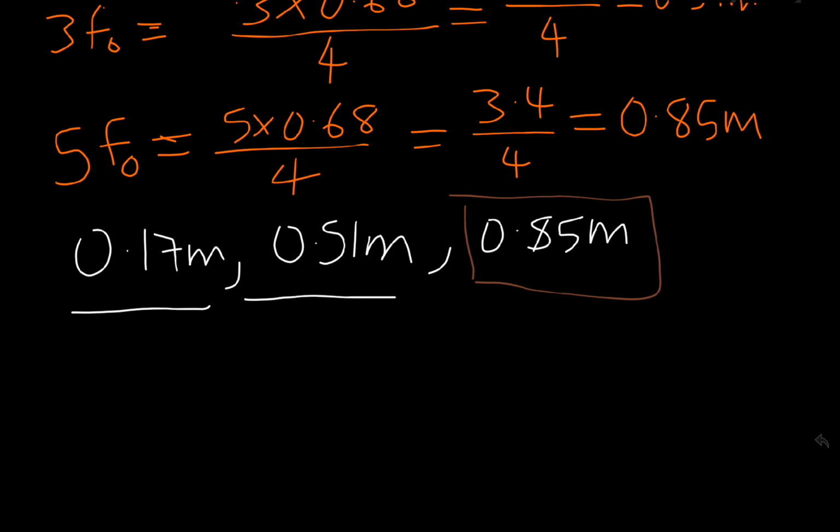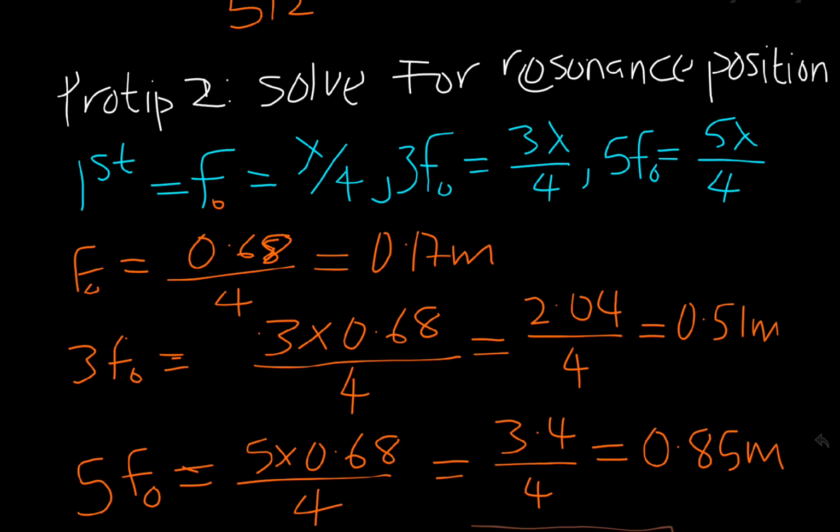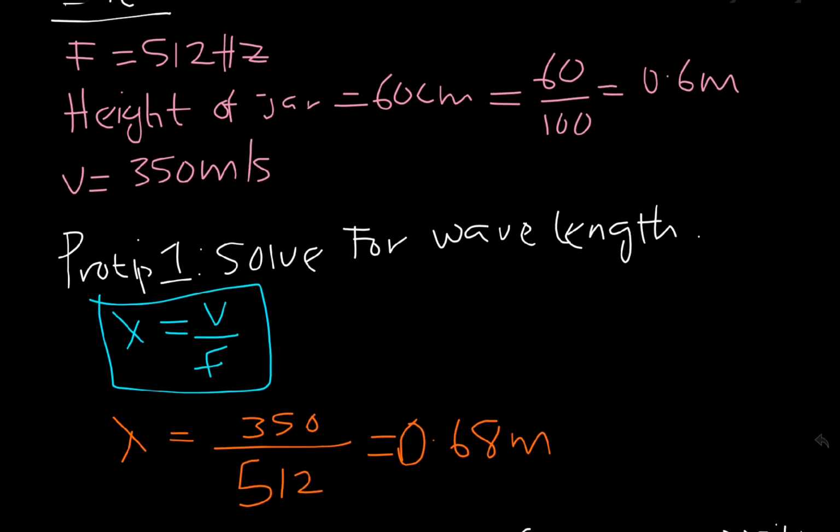Do not forget that our length of jar was given to be, if you remember, I'll scroll back. We're given 60 centimeters, then we converted it, that's the first thing we did, to 0.6 meters.